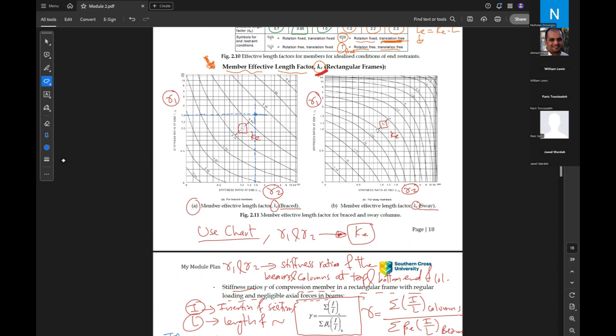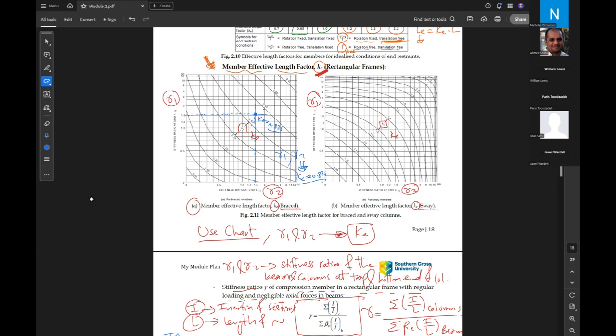So they are intersecting here. So what is the value of KE? It is between 0.8 and 0.85. So we might take it as 0.825, for example. So this is an example. If we got gamma 1, gamma 2, then go to the chart to find K effective as 0.825.